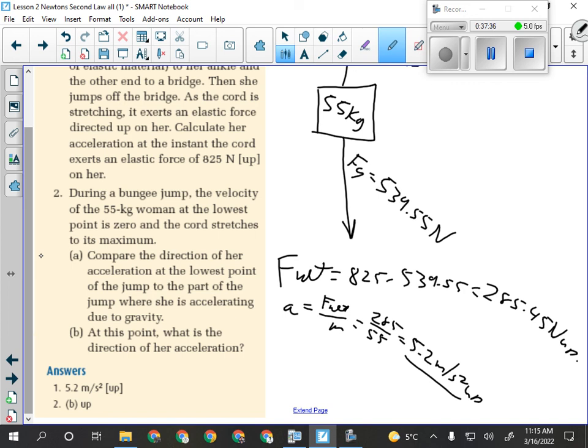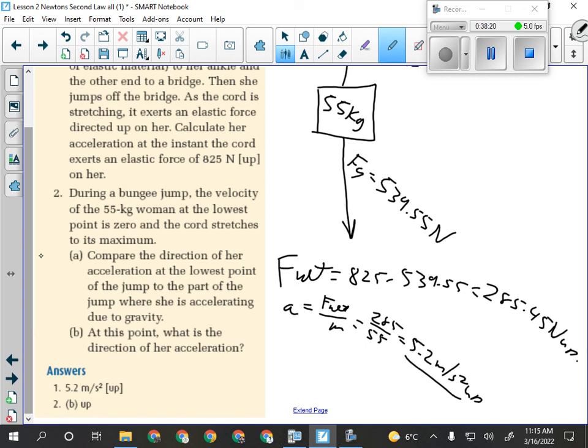At that lowest point, you stretch the bungee cord. When you're at the very bottom, your velocity is 0, but your acceleration is its maximum value, because that is where the bungee cord is stretched the most and is exerting the most force. At the earlier point, it's just starting to take up, so this is not the maximum force the bungee cord can exert. If you recall, in Science 10 you did that lab where you used the spring scale to pull on the rubber band, and the further you stretched it, the harder you had to pull.